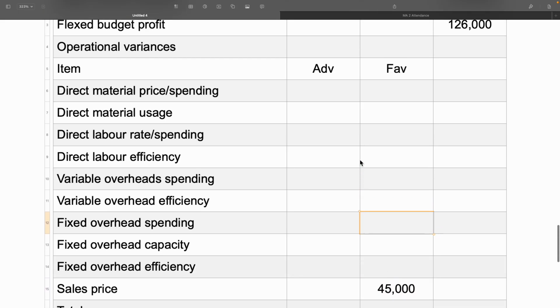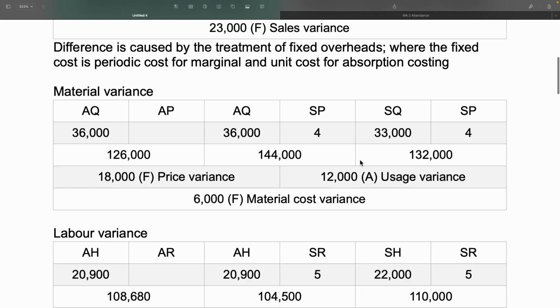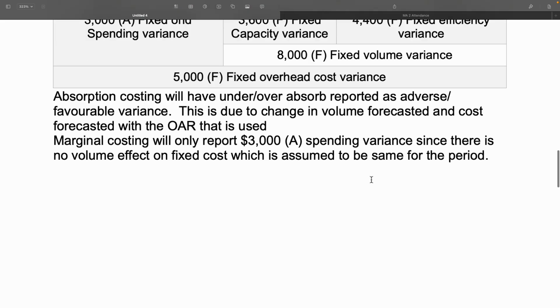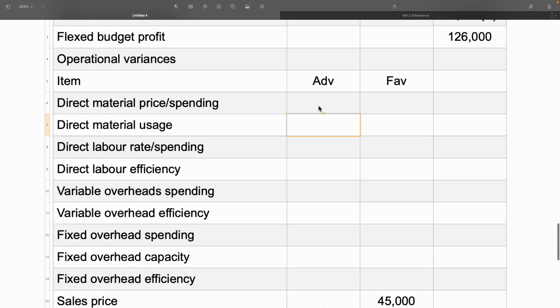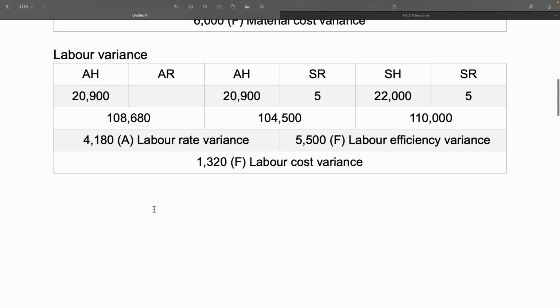Then I can do my material variances. 18 favorable, 12 adverse. Then go to labor rate, 4,180 adverse for rate, 5,005 for efficiency.